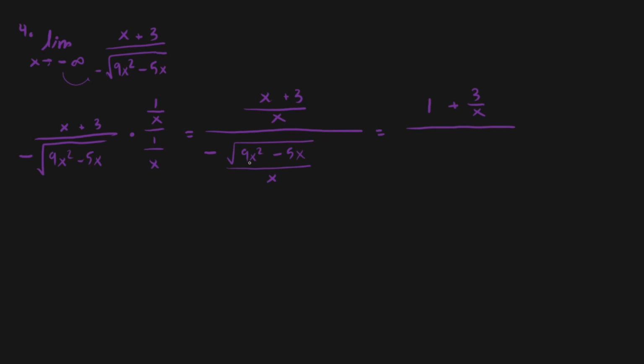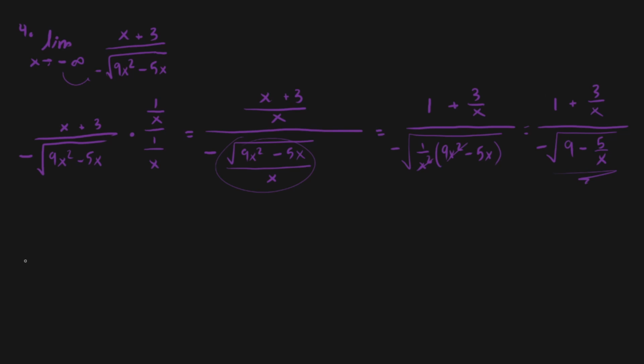And then the denominator, well, we know by now we can't just leave this as is, so we're going to rewrite it as the negative square root of 1 over x squared times 9x squared minus 5x. So x squared and x squared cancel out, so numerator stays the same, we still have 1 plus 3 over x. And in the denominator we have the negative square root of 9 minus 5x divided by x squared, which is just 5 over x. Now we can take the limit of this guy.